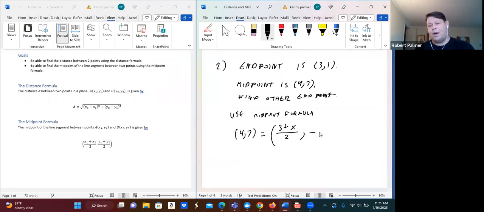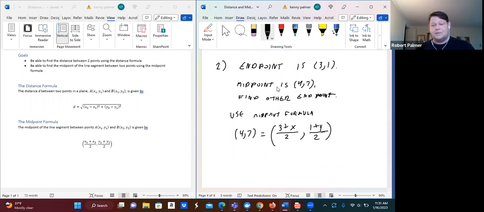Then same thing for the y's. We know one of our endpoints has y coordinate 1. So let's make this 1 plus y over 2. So if our unknown point is some x, y, we just plug everything into our formula. We know the midpoint is this. We know one of our endpoints has x coordinate 3 and y coordinate 1. We don't know the x and y of the other endpoint, but that's what we can find.